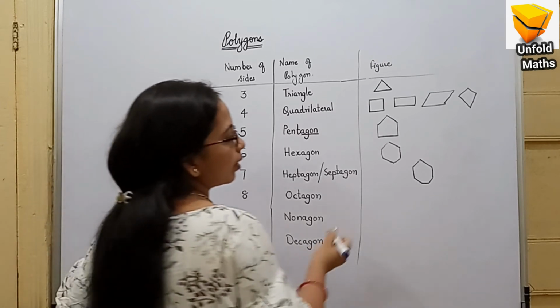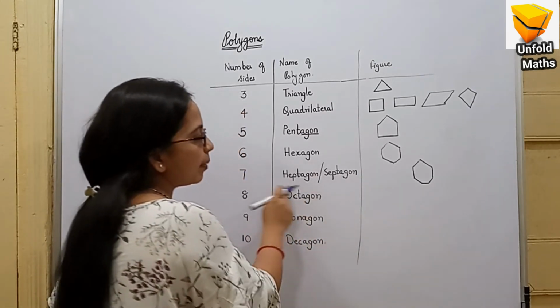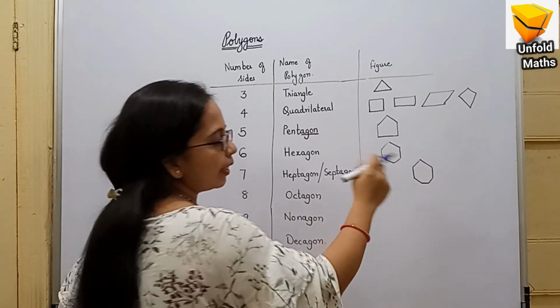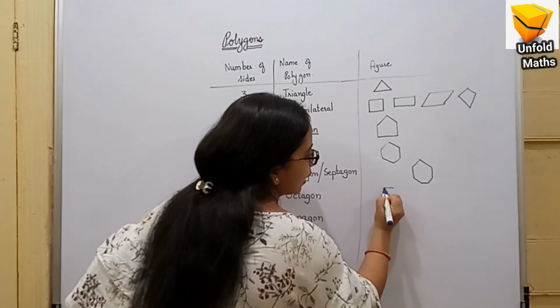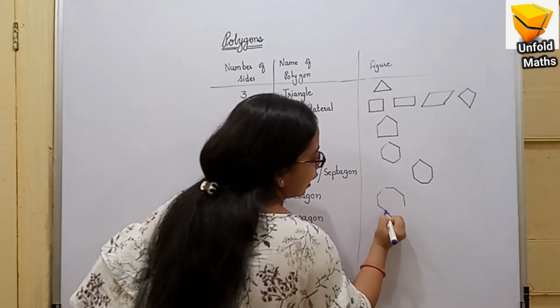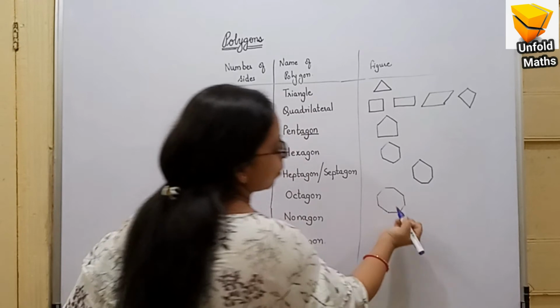Then octagon. Same as the heptagon, but here between two sides we will insert one more side like this. So the figure is now an octagon.